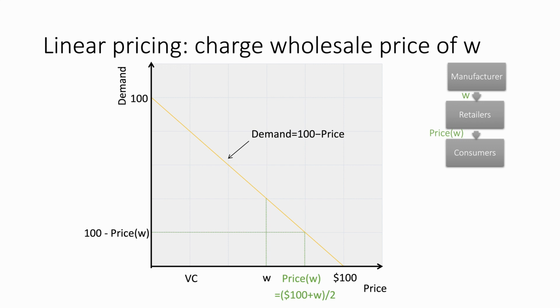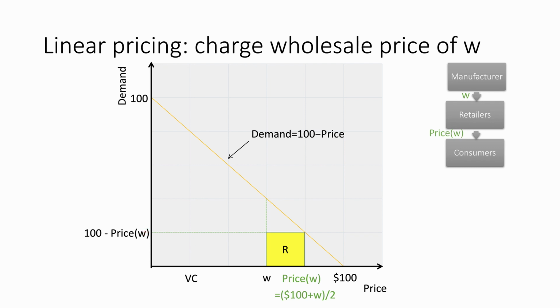Given this plot, we can calculate the profit for the retailer. The profit of the retailer would be the price minus the cost for the retailer, times the demand. So the profit is the size of this rectangle. The manufacturer charges a wholesale price and incurs a variable cost. And whatever the retailer's demand is, it's also the manufacturer's demand.